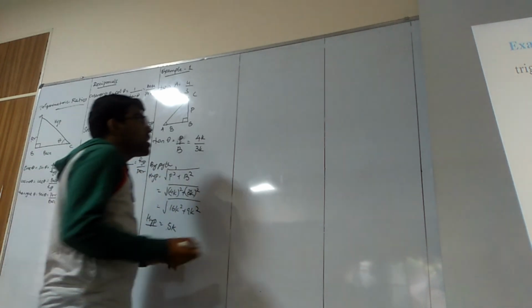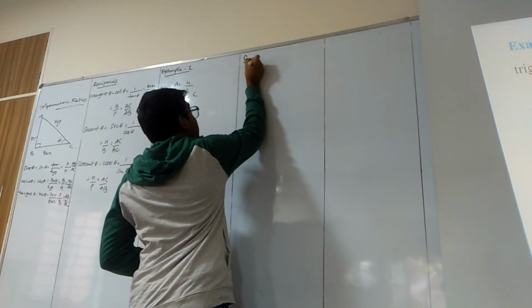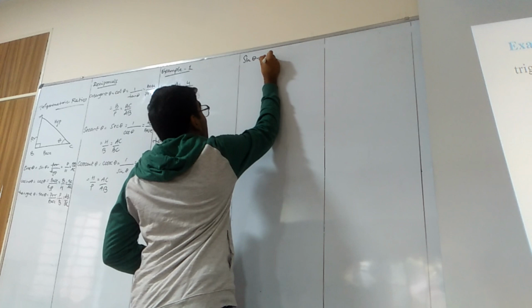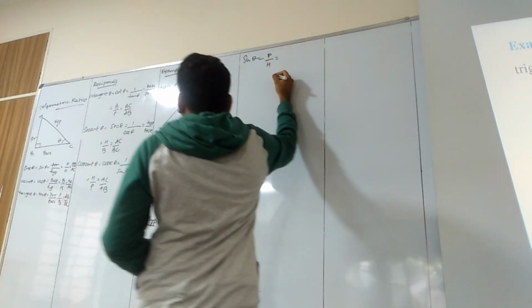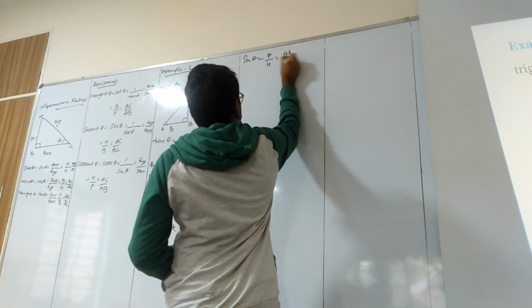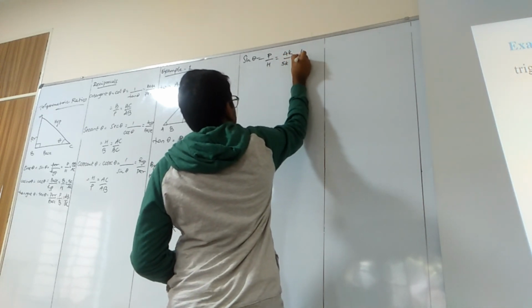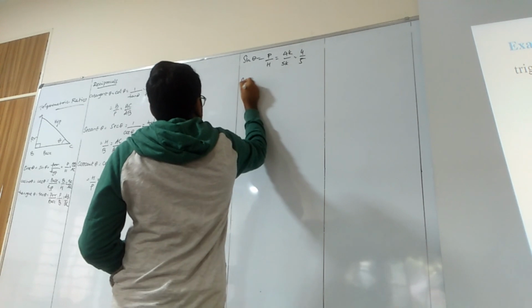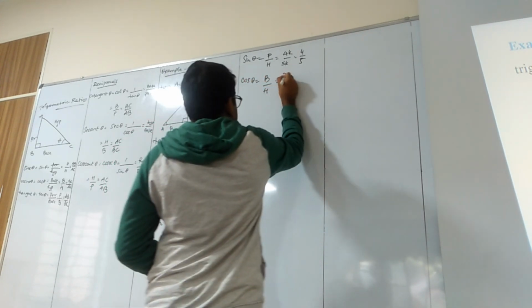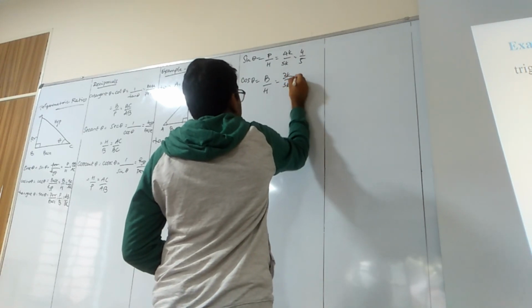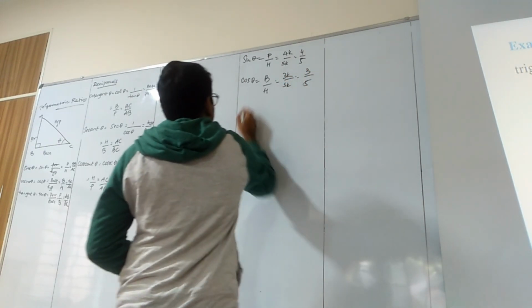Now I know the hypotenuse. Sin theta is equal to perpendicular by hypotenuse. My perpendicular is 4k divided by 5k, so it is 4 by 5. Cos theta is base by hypotenuse, 3k by 5k, which is equal to 3 by 5.